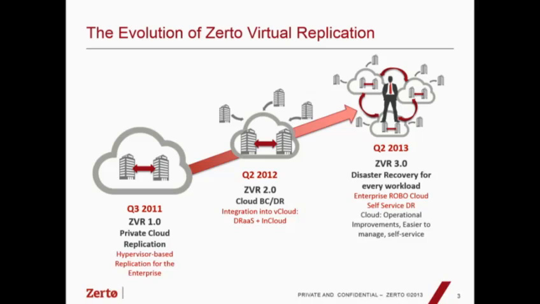So this week we introduced Zerto Virtual Replication 3.0. Now 3.0 is building on those core successes between versions 1 and 2, and it expands the options for IT managers and also the cloud providers themselves.